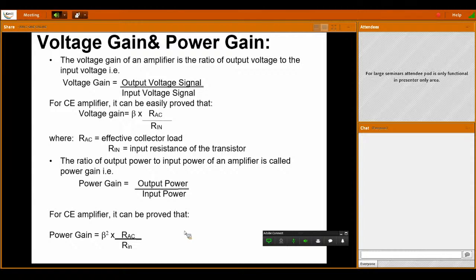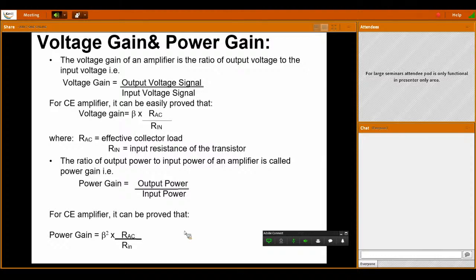Next, to calculate your power gain, we have to take the ratio of output power to the input power. For a CE amplifier, the output power is the square of the load current times the resistance.